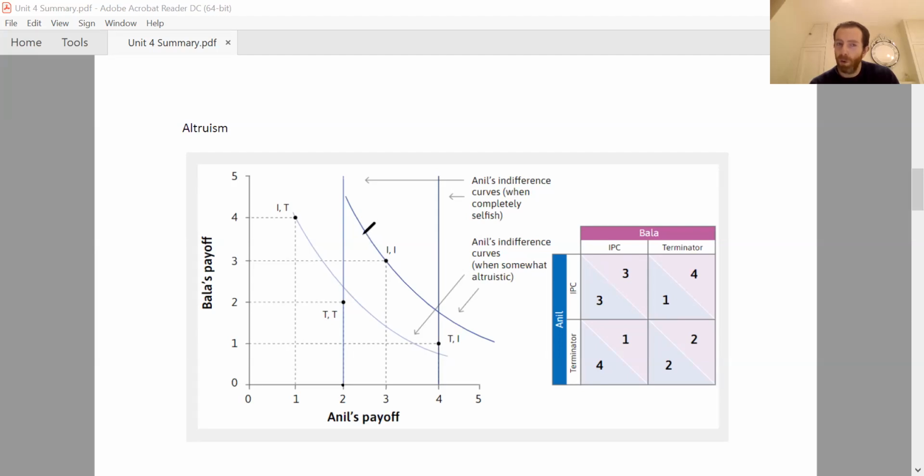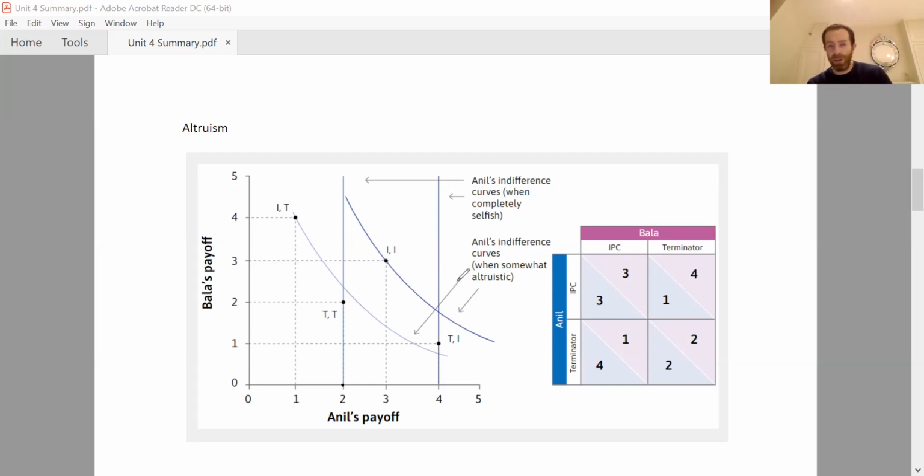Smaller and smaller and smaller. Bala's is getting bigger. So Anil is just as happy to get a smaller payoff than 3 as long as Bala is getting a higher payoff than 3. So this shows us that Anil has an element of altruism in his preferences, because he doesn't mind losing some of the payoff as long as Bala gets more.